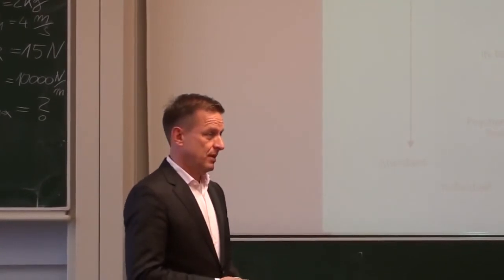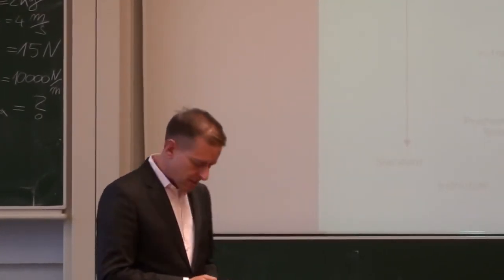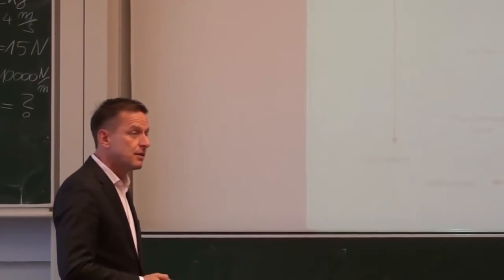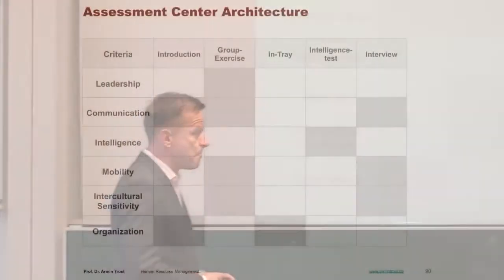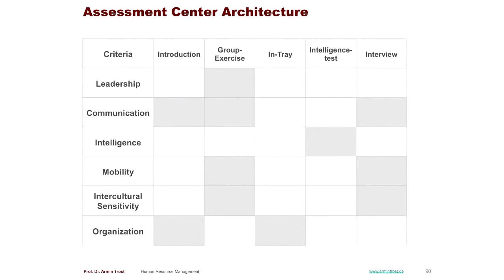Whenever assessment centers are done, there is an architecture behind it. It's a matrix, and as I said right at the beginning, in every assessment center, different criteria are measured. For instance, leadership, communication, intelligence, mobility, intercultural sensitivity, organization. And then we have different exercises, like the introduction, the group exercise, the intelligence test, and a personal interview.